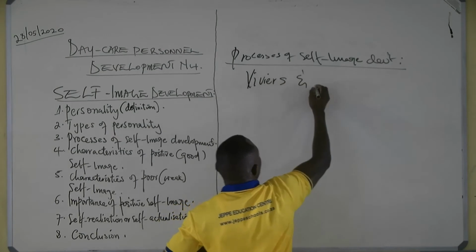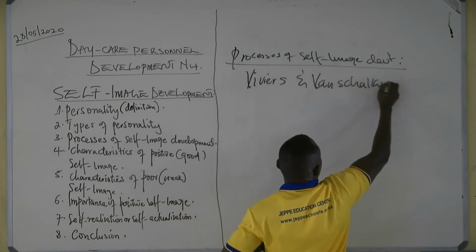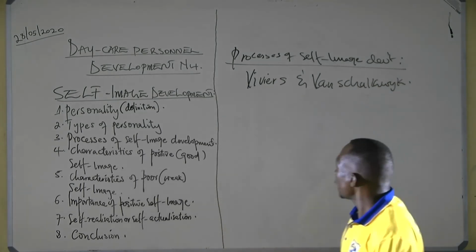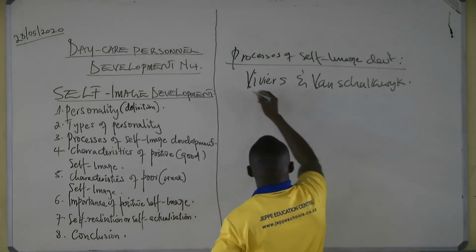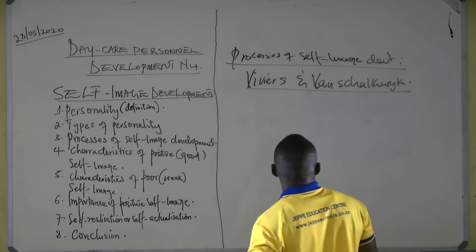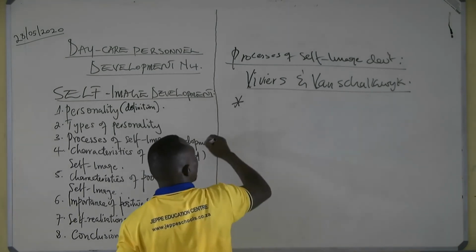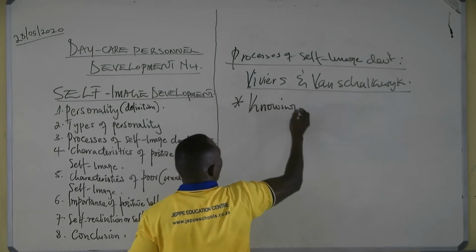So these 2 gentlemen, one of them is called Viviers, and another is called Van Schaukuik. Yes, these 2 gentlemen came up with significantly 4 processes that are significant in self-image development.